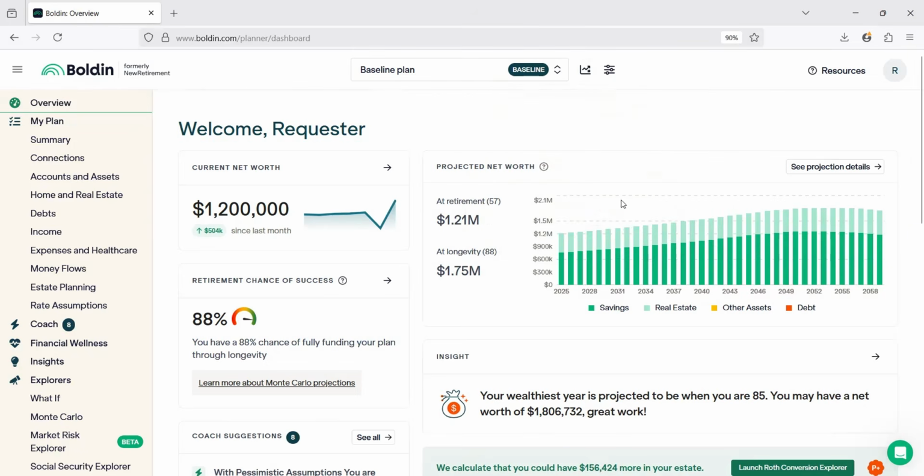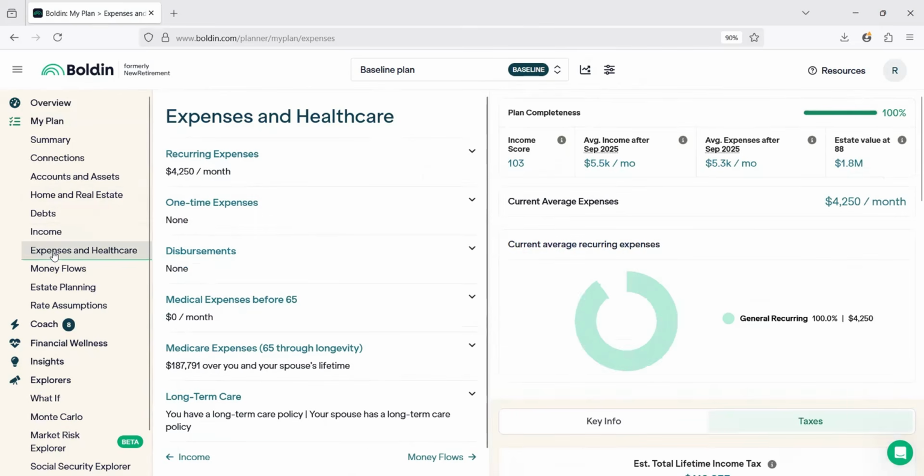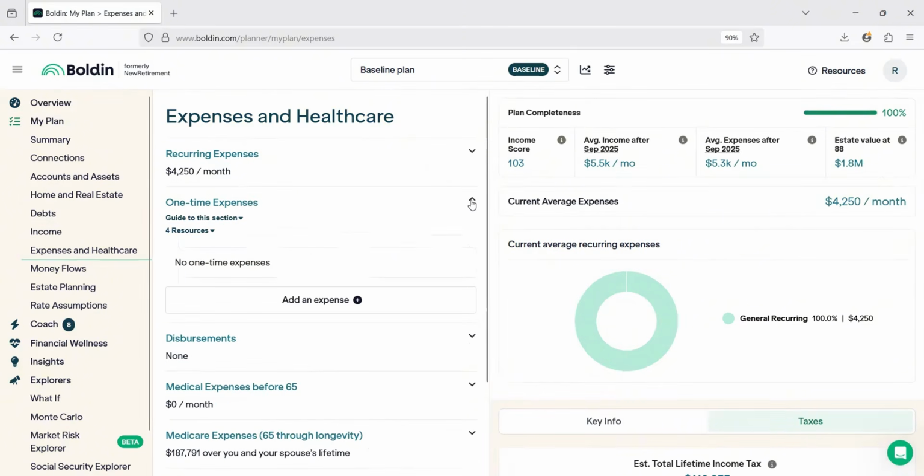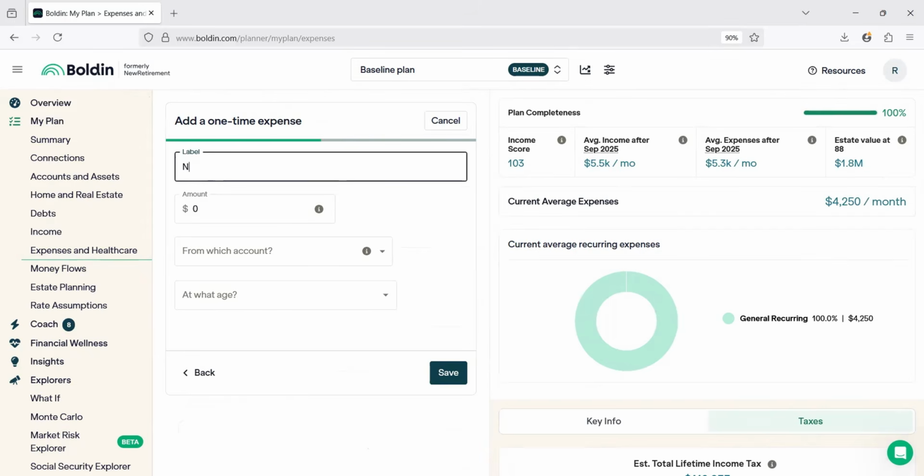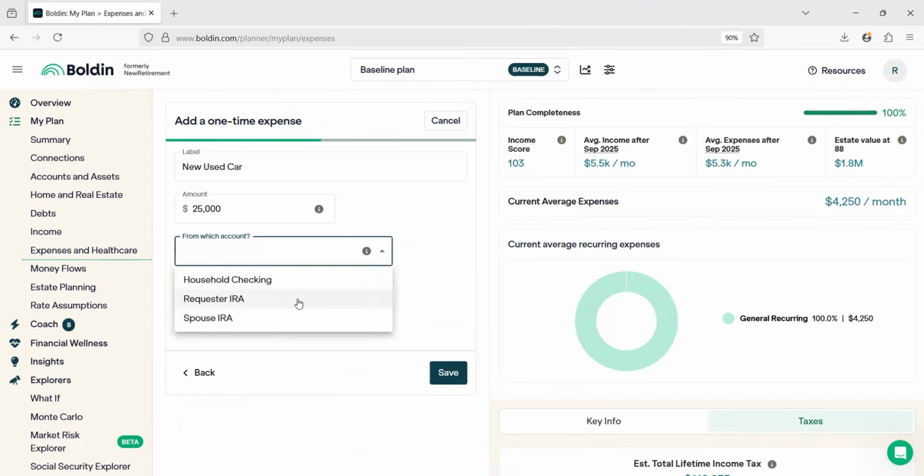Another thing you want to think about is let's take an average scenario and let's put a couple of one-time expenses in there that would be very realistic. So let's add an expense, new used car, okay? And let's say 25,000 for that. And it's going to have to come from somewhere.